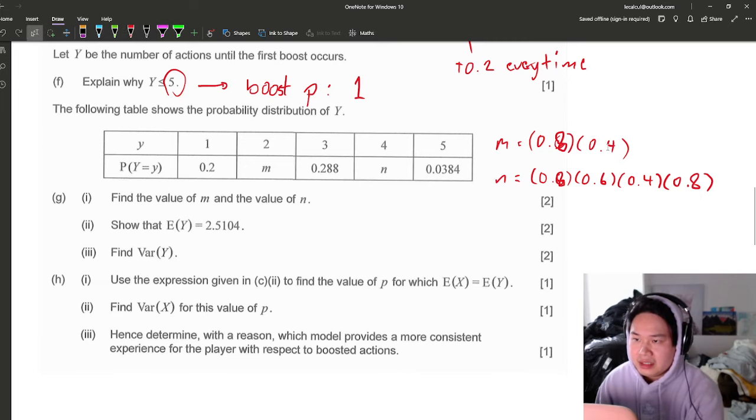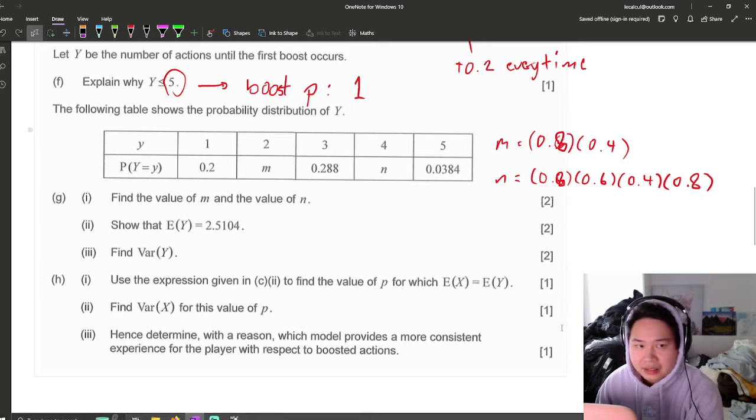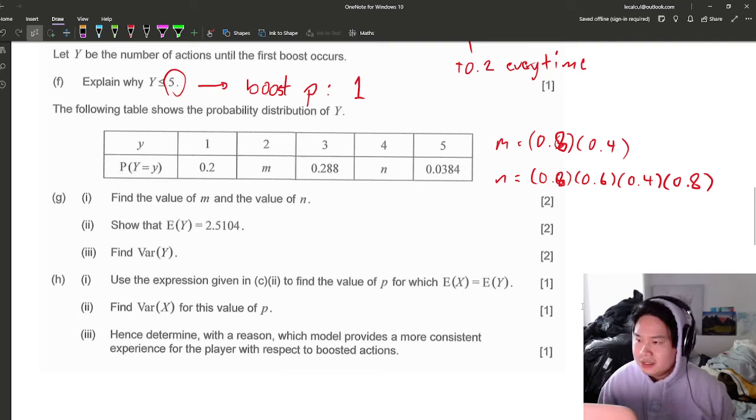Right? Unboosted, unboosted, unboosted, boosted. Okay, yeah, let's just do it that way. It's only worth 2 marks. So this is 0.32?